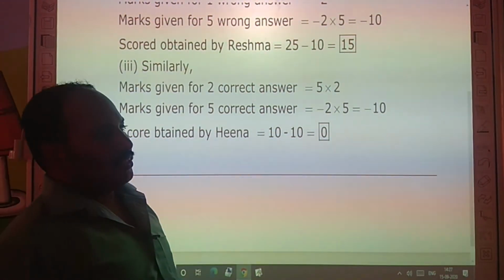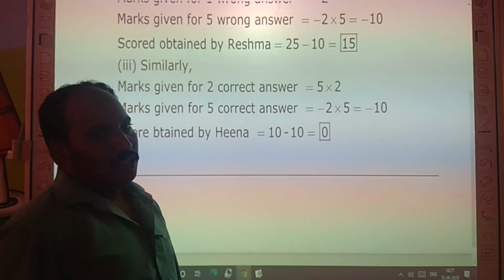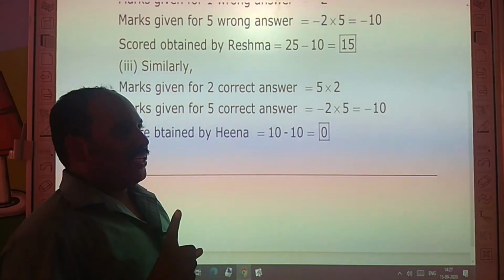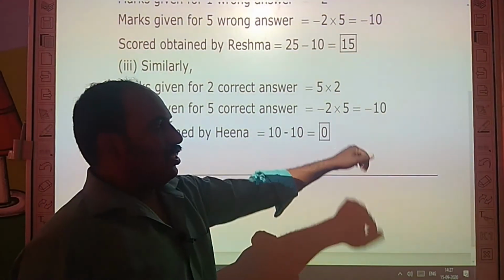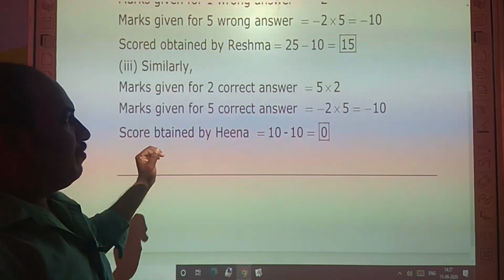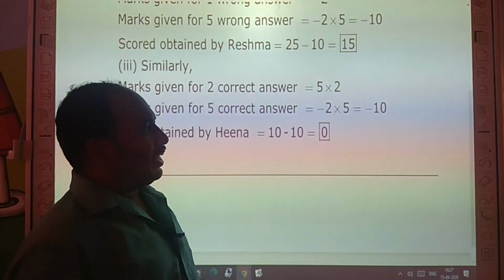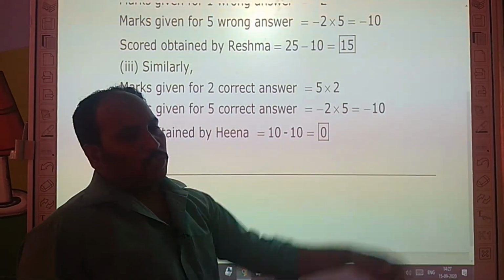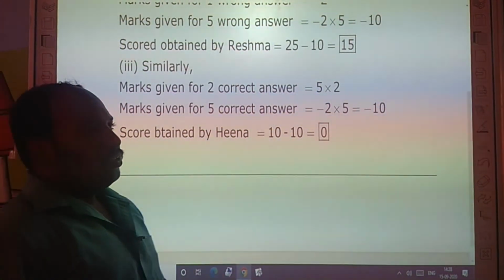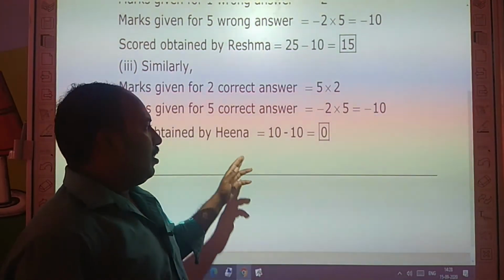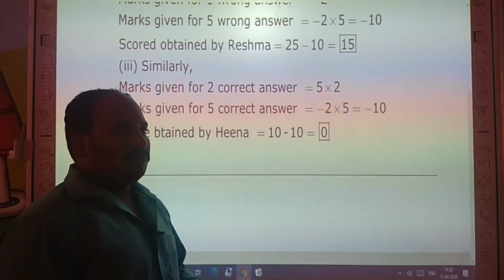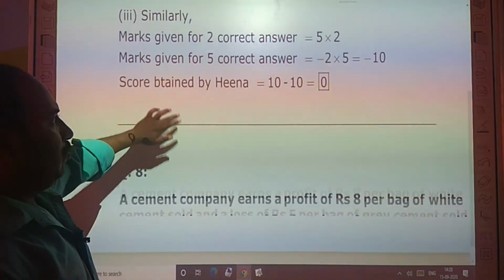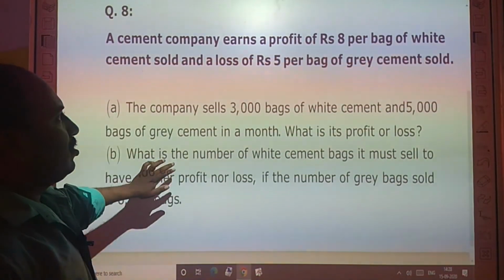Two correct answers means 5 twos are 10. Five incorrect answers: minus 2 into 5 is equal to minus 10. So the correct answers give 10 and the wrong answers give minus 10. 10 minus 10 is equal to 0. So Hina's score is 0.